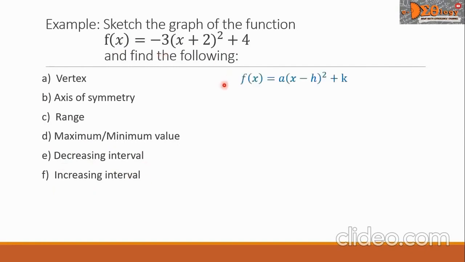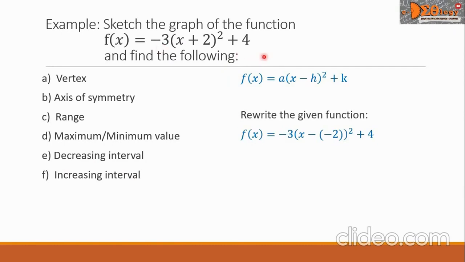From the standard form of the quadratic function, as written here, we can collect the vertex immediately. However, let us make sure that the given function must be in the standard form, or we may rewrite the given function into the same way with our standard form, and it will be like this.